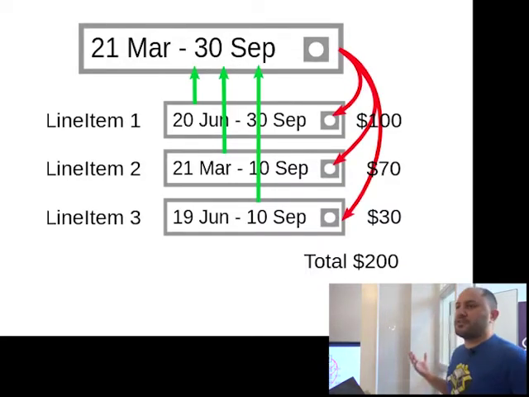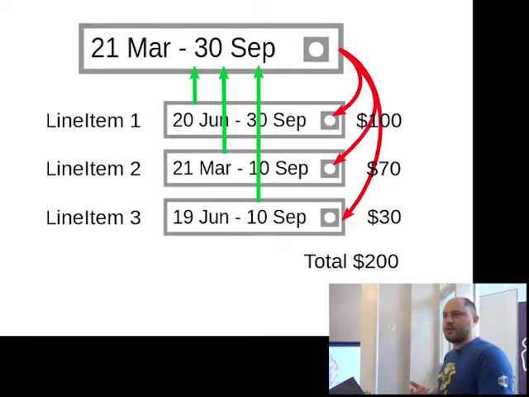Given this idea, it's quite easy to understand how the flow on the page could be. If the main date picker is changed, if the user clicks on a new date, then we will have to update all the line items. So the main date picker will send a message, will tell every line item in our page, hey, you should update the dates that you have.